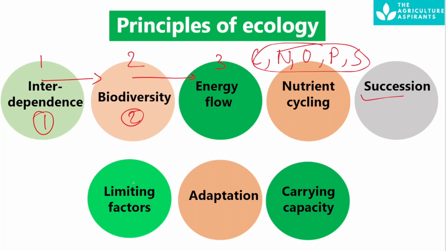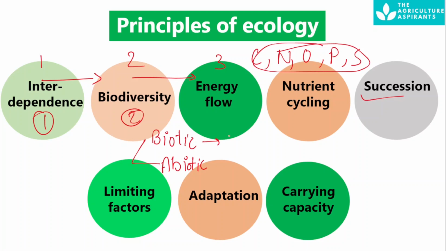Then there are limiting factors. What are the limiting factors? Very important to understand. There are two types of limiting factors, biotic and abiotic. Okay, so what are the biotic factors?